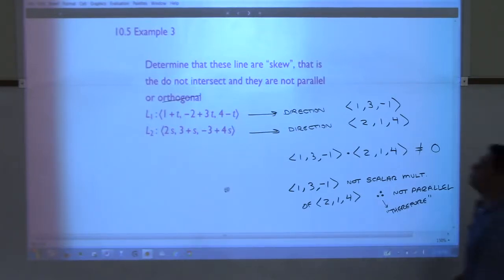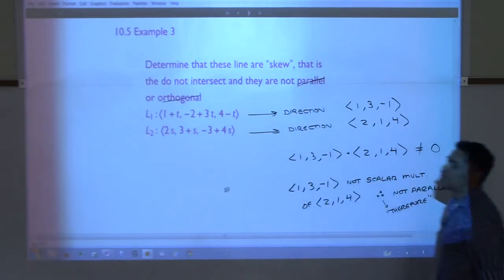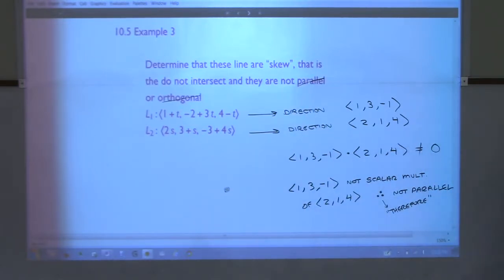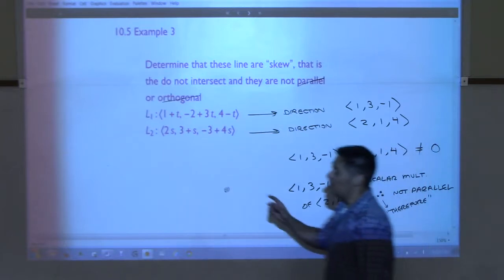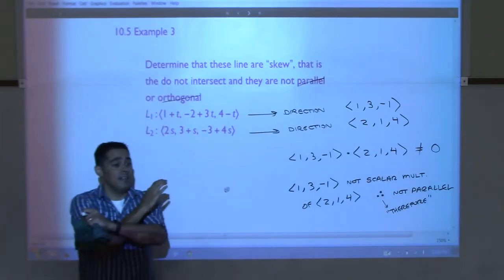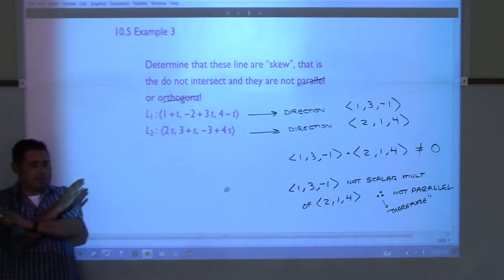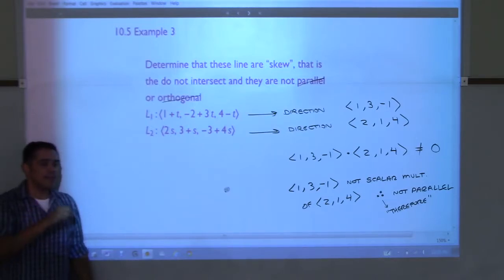All right, one more thing to check. Do they intersect? This is a harder thing to check. Can we equate the components? Yes, exactly. If these 2 lines hit each other, then there has to be an x, y, and z that live on both lines.